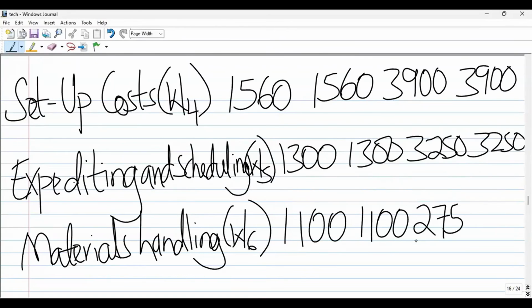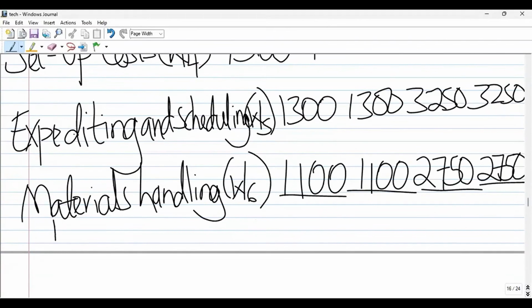So we've completed all the overheads. Now come and get the total costs. Remember, total costs are equal to the direct costs plus the indirect costs. We've completed the indirect costs, so add those figures to the direct costs we already computed, so you can see the total cost for each.